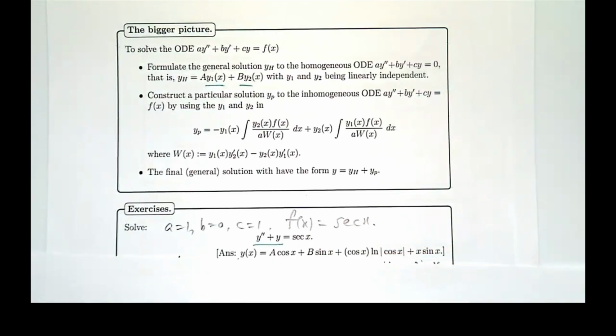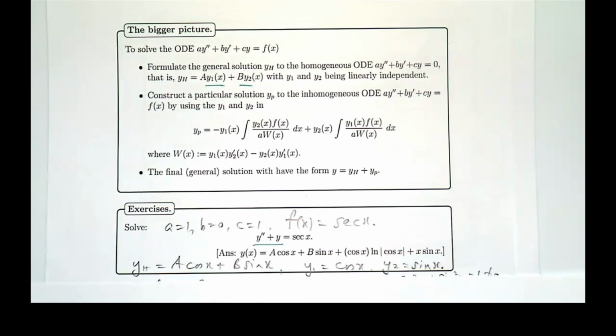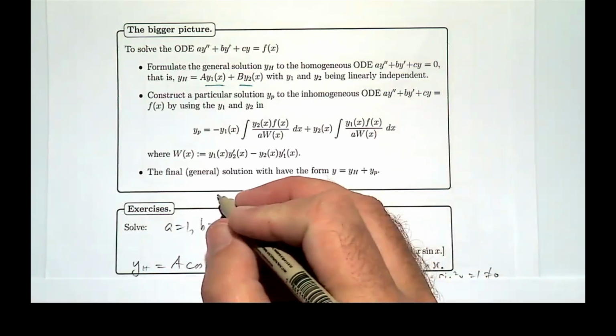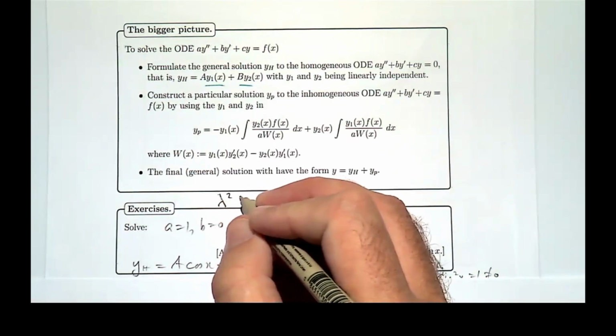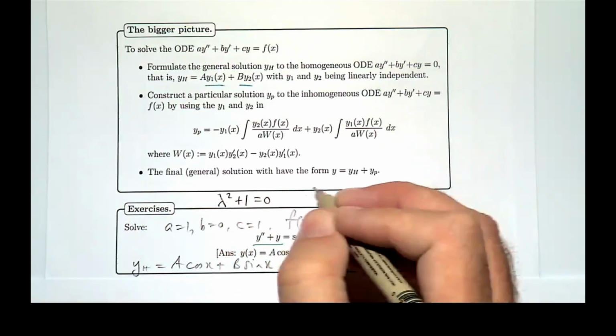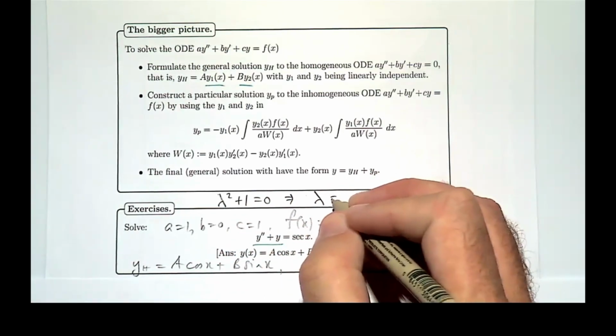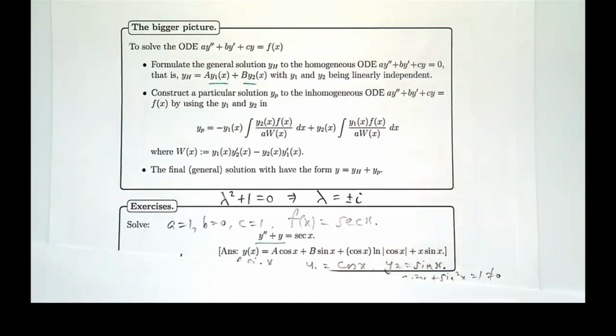So if I write down the homogeneous or the characteristic equation, it's going to be lambda squared plus 1 equals 0, so that means lambda is going to be plus or minus i.